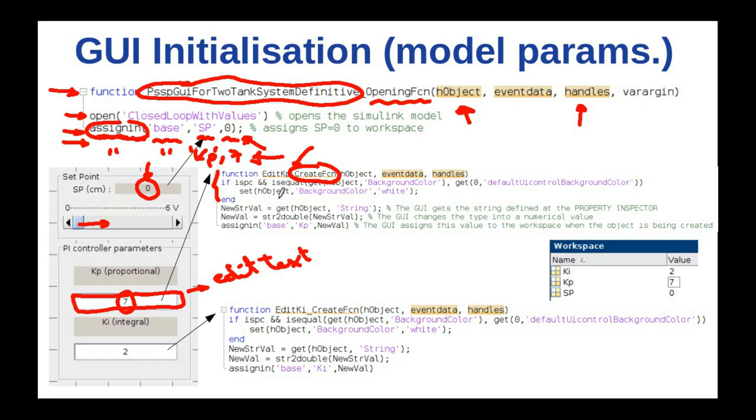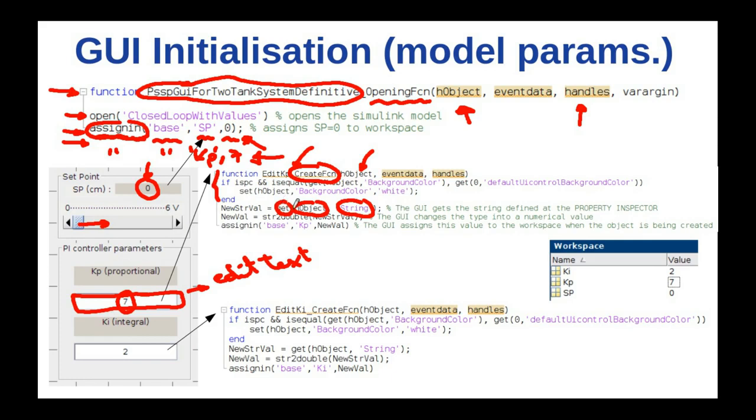So what am I doing? I get the string value that I have defined with a 7 on the properties editor, and then I get for this object here, because I remind you that HObject is the way I have to refer to this element in the graphical user interface all along this function.